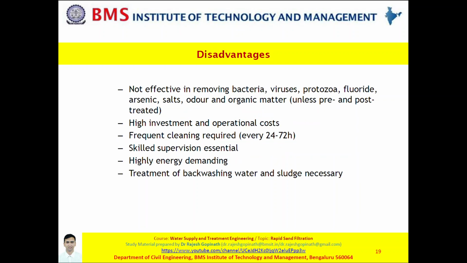Slide 19 clearly depicts that it has high investment and operational cost. With skilled supervision and energy demands, you're talking about more money being pumped into it. However, despite all this, this filter cannot remove pathogens, and that's a very big matter of concern.